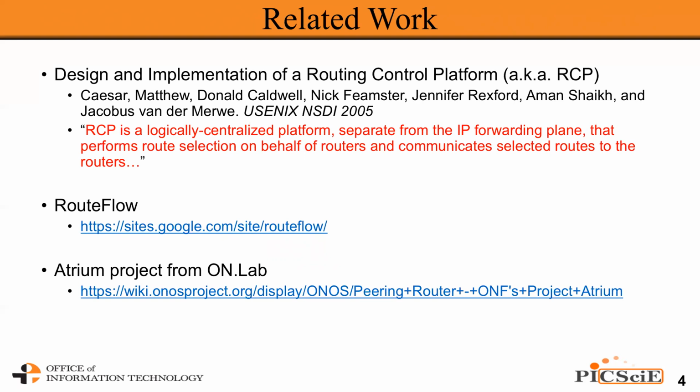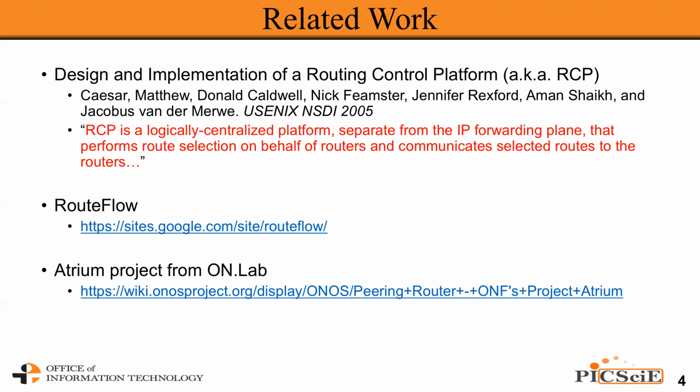So I thought this really rings the bell of SDN. This work was not really SDN because this RCP was using iBGP, but I think this is one of the earliest works that try to have a centralized platform and a software that would determine how traffic should be routed, or extending what normal BGP would do.